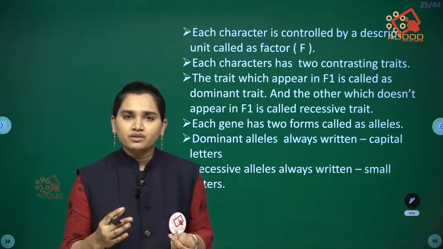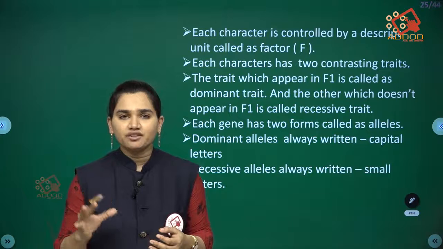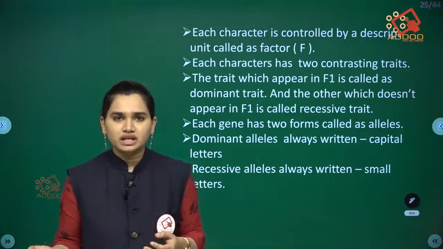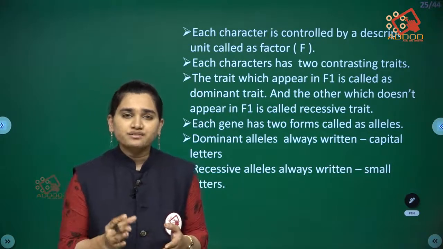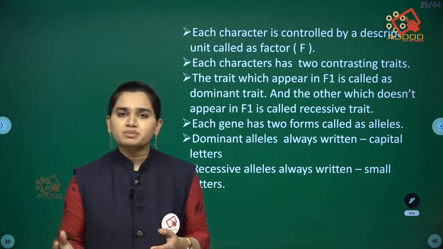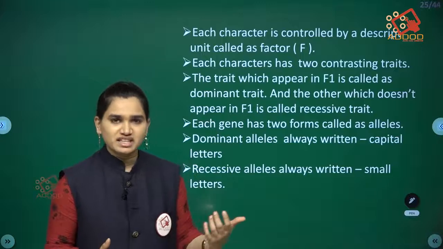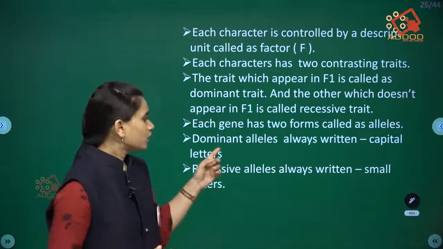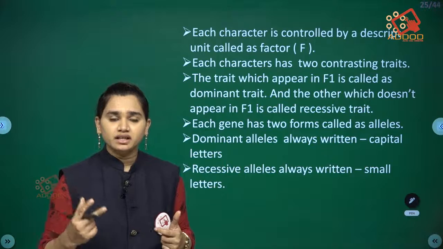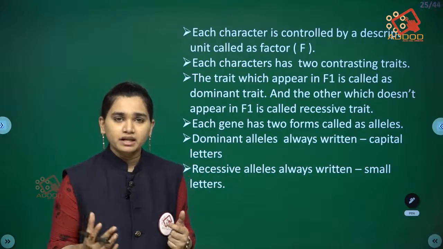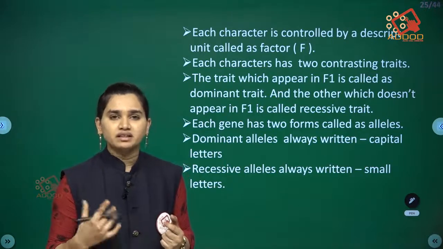Dominant trait is the one which expresses itself in the F1 generation or first filial generation, and recessive trait is the one which does not express itself in the F1 generation. You will get to know this better in the next slides. Now, dominant allele is always written in capital letters and the recessive allele is always written in small letters.